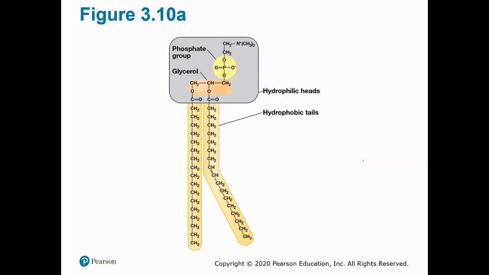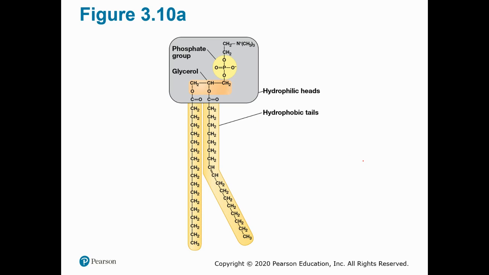But let's talk about our very extra special little lipid, the most important lipid of all, the lipid that allows life to exist, because that is the basis of why membranes come together, more or less.